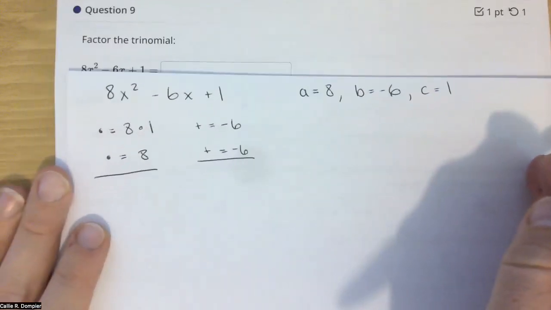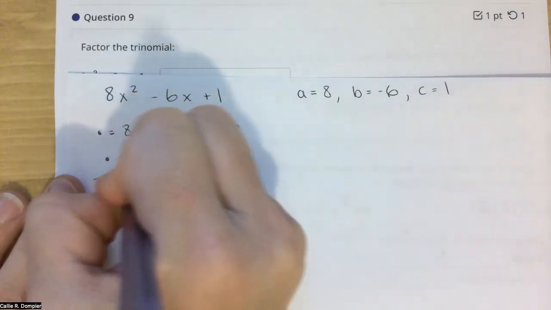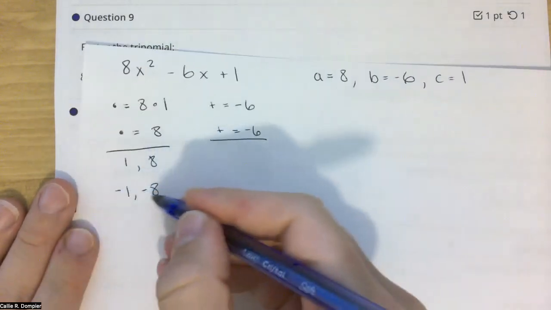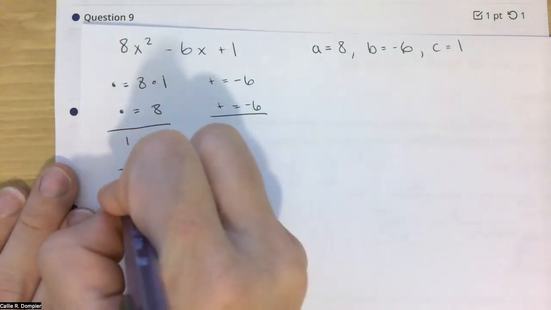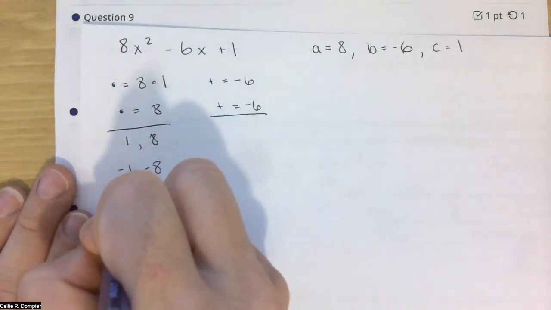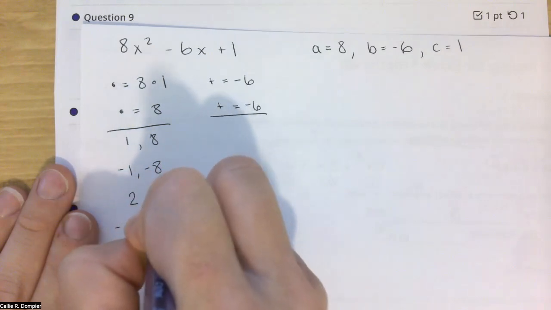What are the factors of +8? Well, you could say 1 and 8. You could also say -1 and -8 because a negative times a negative becomes a positive. You can say 2 and 4, and you can say -2 and -4.